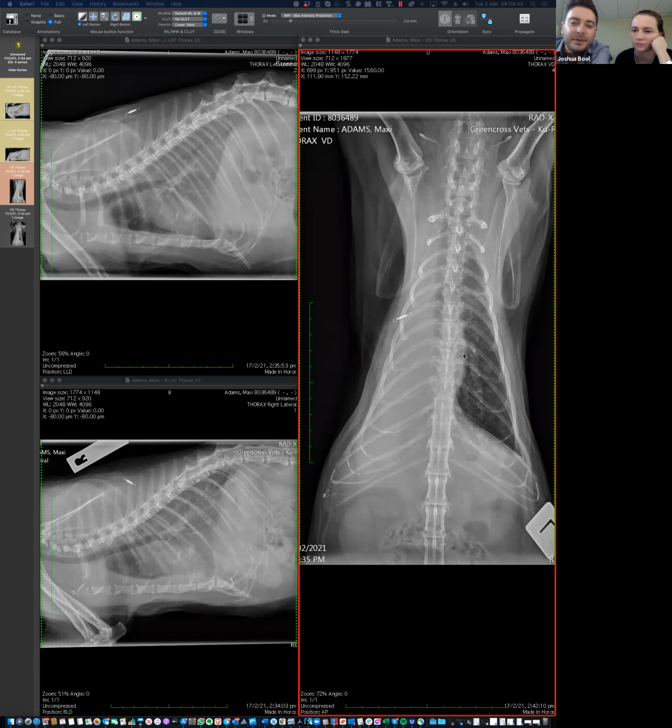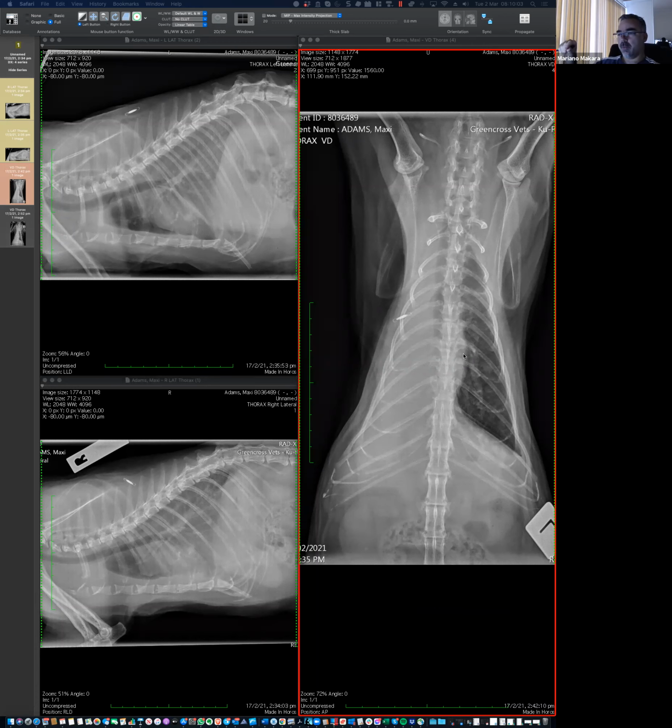And the same thing goes with the diaphragm on that side. There's effacement of the diaphragm. So I guess that implies that it's more likely to be fluid or soft tissue opacity, given those two structures are effaced.